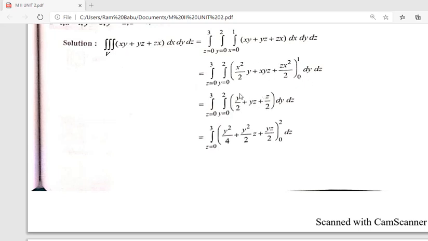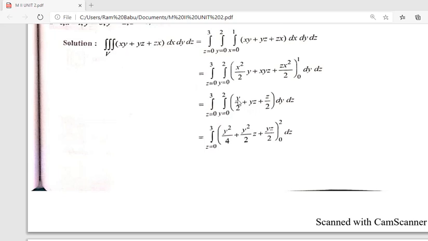Therefore, now we have to integrate this function with respect to y, because for the second integration the inner limits are y equals 0 to y equals 2. Therefore let us integrate with respect to y.